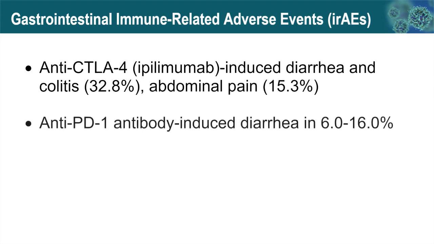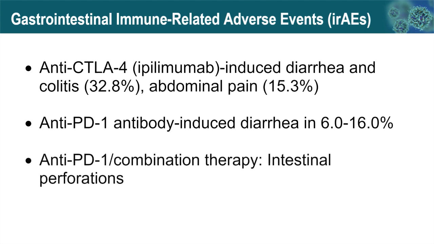The anti-PD-1 agents, such as pembrolizumab and nivolumab, induce diarrhea in a lower proportion of patients, about 6 to 16% of the patients receiving this therapy. Combination therapies are being used for anti-CTLA-4 and anti-PD-1 agents, and in these patients, intestinal perforations have rarely been reported.